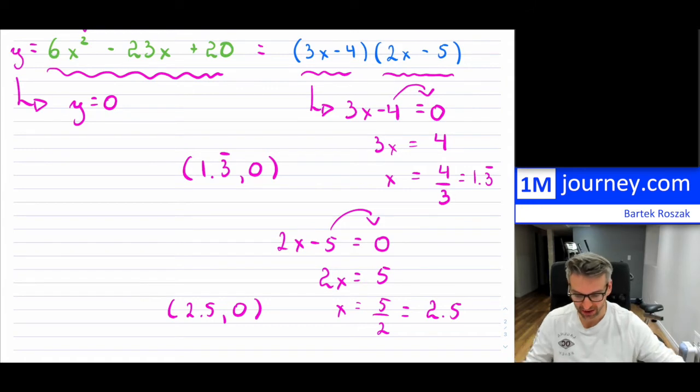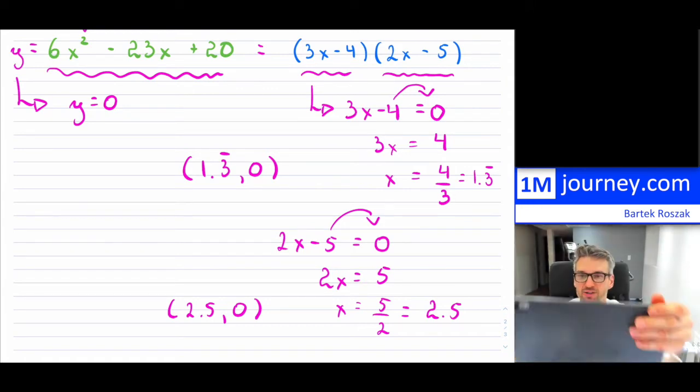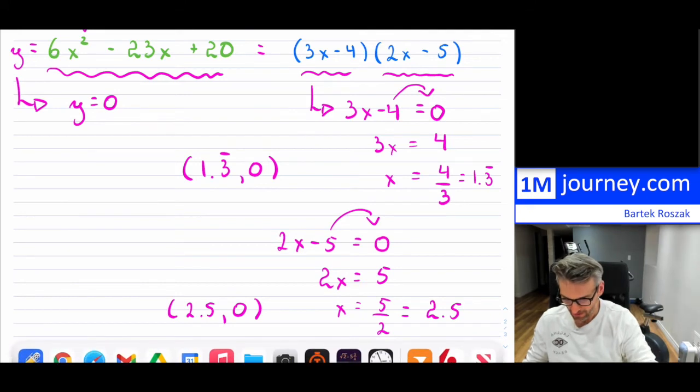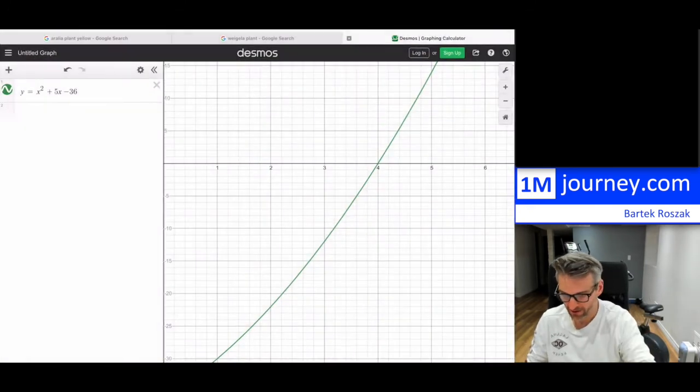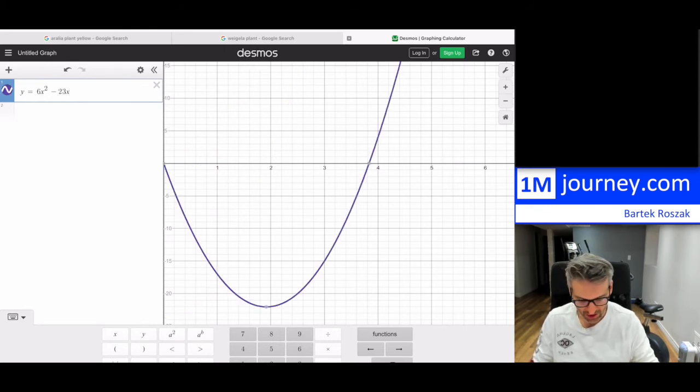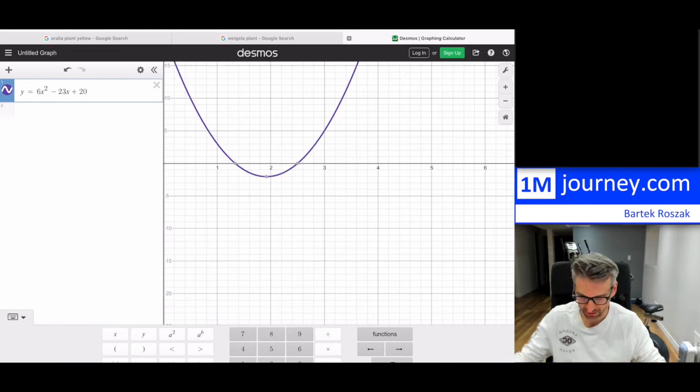And let's graph this. So 6x squared minus 23x plus 20. I believe that's what it was.